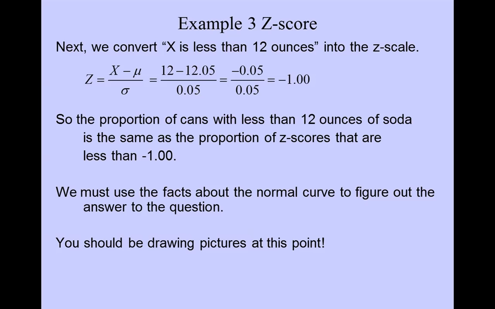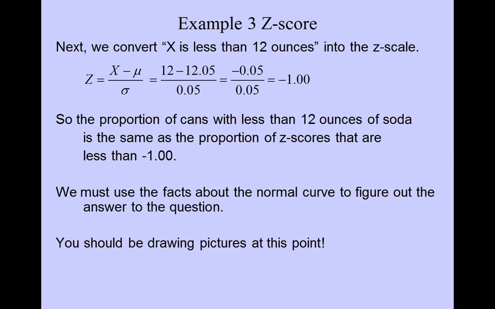So that equals 12 minus 12.05 divided by 0.05, which equals negative 0.05 over 0.05, which ultimately is negative 1. So the proportion of cans with less than 12 ounces of soda is the same as the proportion of z-scores which are less than negative 1.